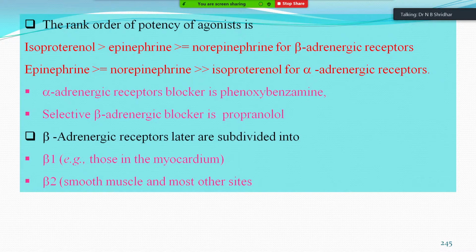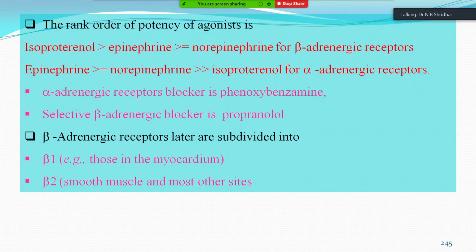In case of the beta adrenergic receptor, isoproterenol is highly effective, whereas in case of the alpha adrenergic receptor, epinephrine is more selective and effective.